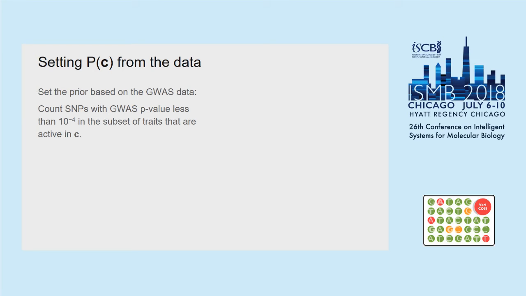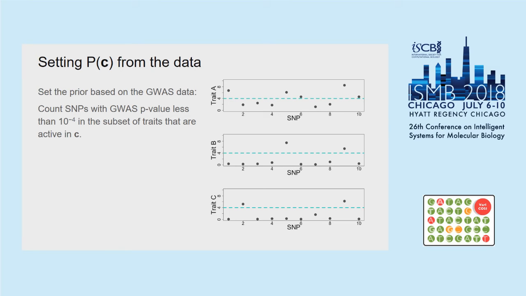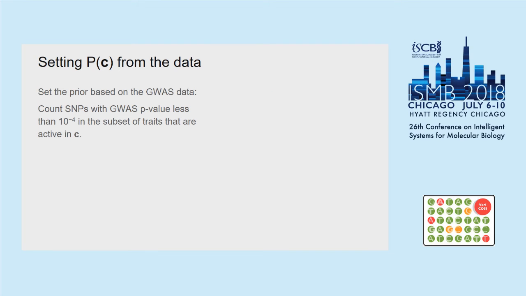We set the prior based on the GWAS data. What we do is count SNPs with a GWAS p-value less than some threshold in the same subset of traits that are active in that particular configuration. Just as an example, let's say we have 3 different traits and a few SNPs from each one. That dashed line shows our threshold for the prior.